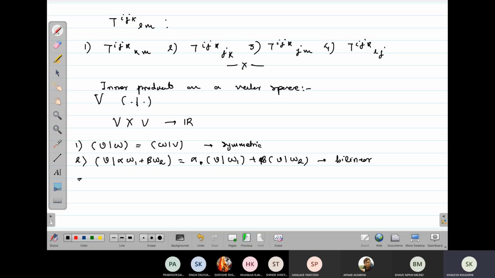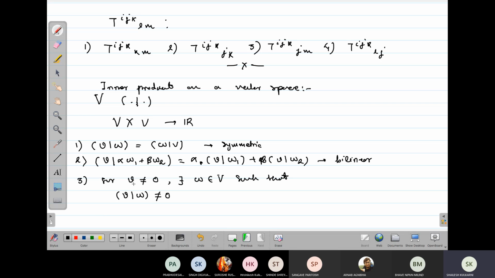And the third one is, for V not equal to the zero vector, there exists a vector W belonging to V such that the inner product of V with W is not equal to zero.